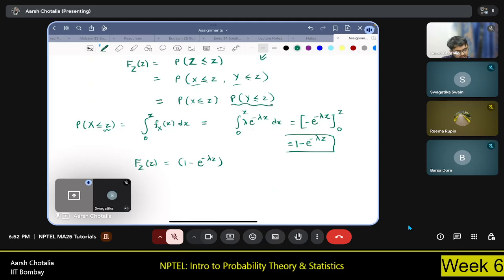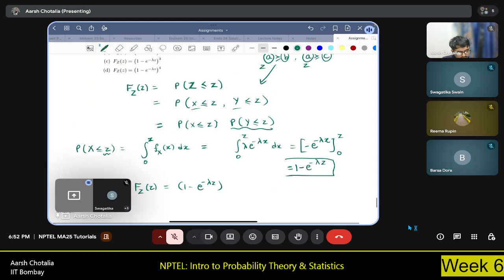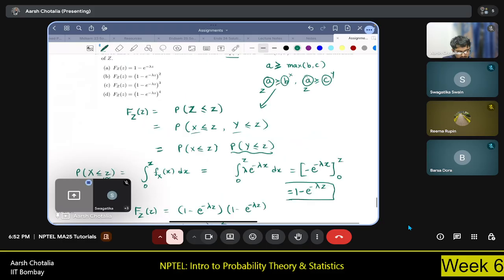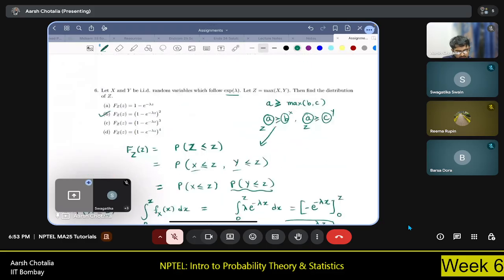And now what's the probability that Y is also less than or equal to z? But both of them follow the same distribution. The answer is the same, 1 minus e raised to minus lambda z. If we club them together, it's just a square of this thing, right? So that is the answer: 1 minus e raised to minus lambda z, whole raised to power 2.